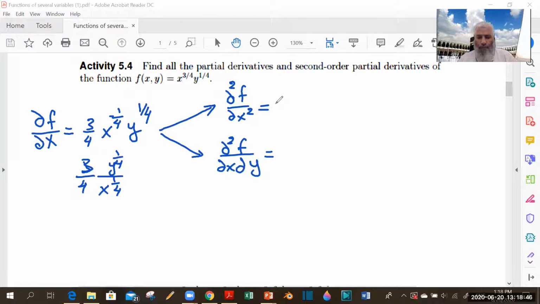With respect to x, it would be negative 3 over 4 multiplied by 1 over 4, so negative 3 over 16, x to the power... we subtract 1, so this is minus 5 over 4.